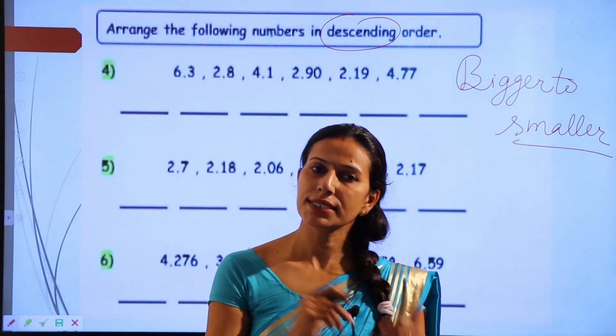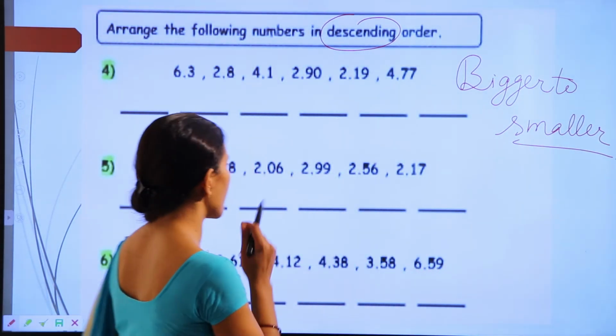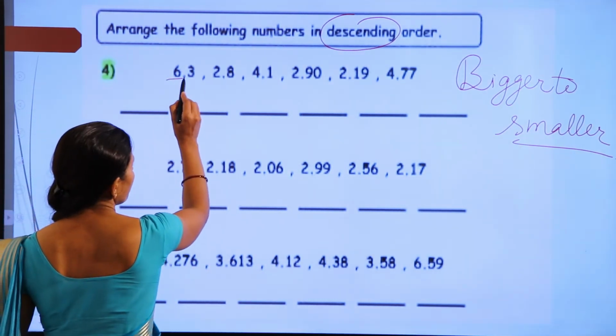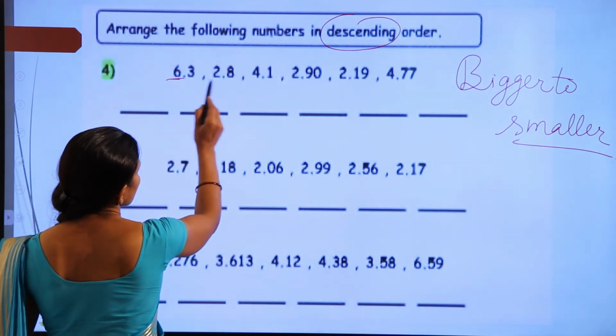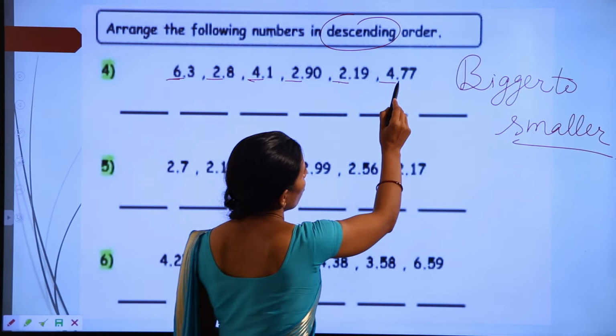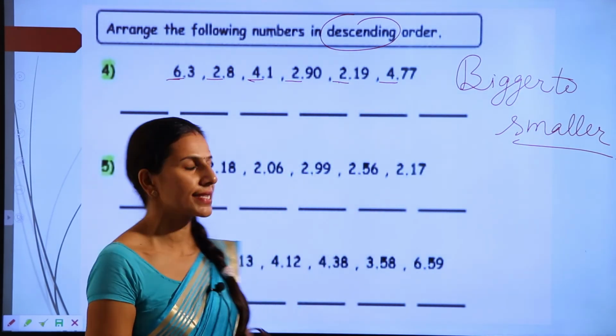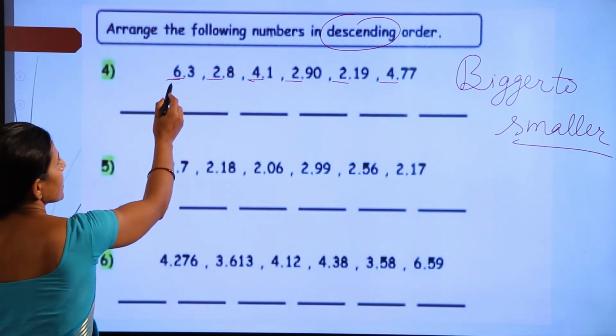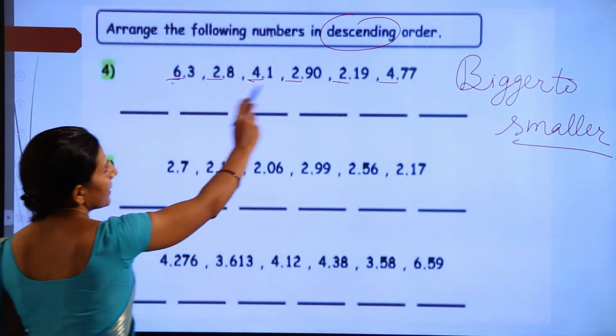We will check by the same method as we use in ascending order. First of all, we will check the whole number. So we have 6, 2, 4, 2, 2 and 4 as whole numbers in these numbers. So first of all, the greatest one is 6. Right? 6 is the greatest.